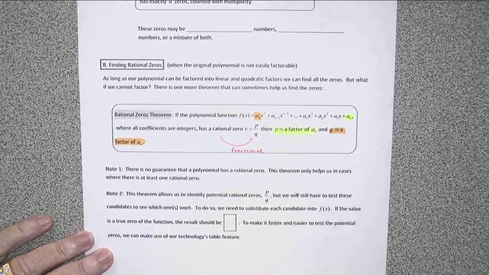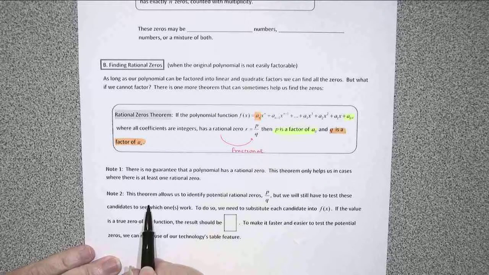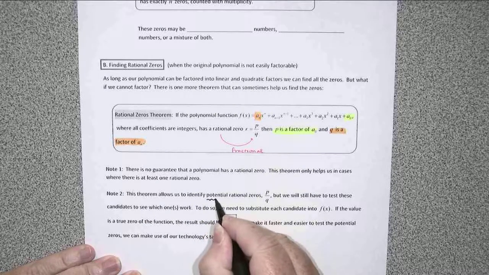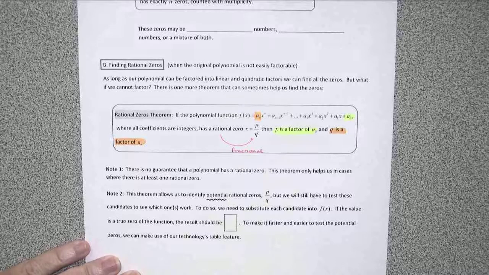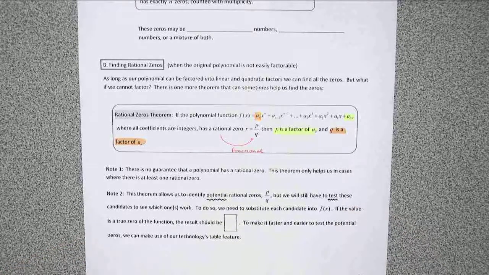So that's where our notes come in. There is no guarantee that any polynomial even has a rational zero. This theorem only helps where there is at least one. Secondly, the theorem identifies potential rational zeros, P over Q, but we have to test them. They're like candidates. We need to see which ones or one actually works.